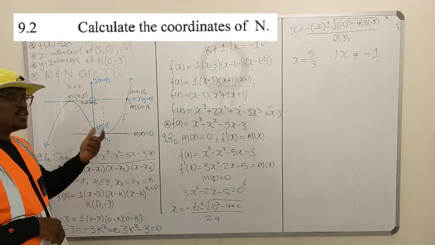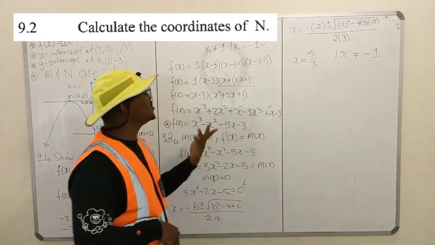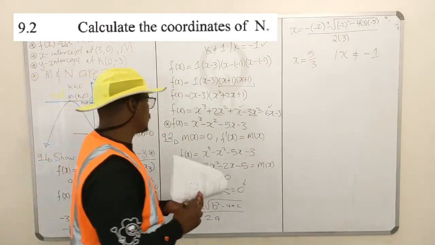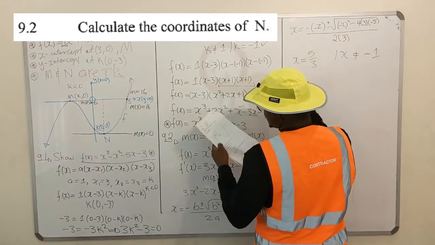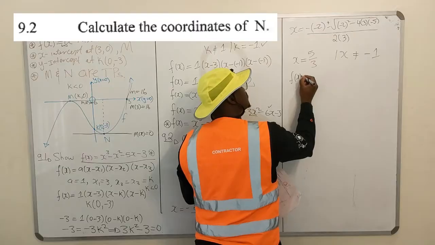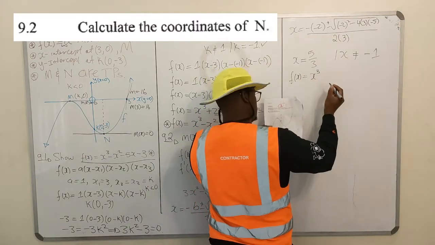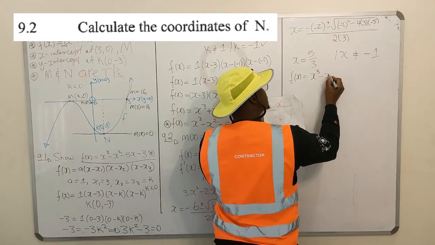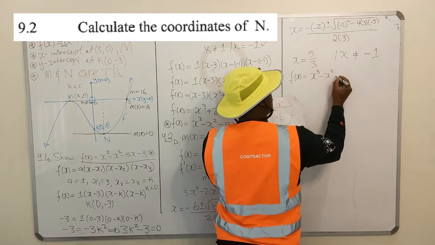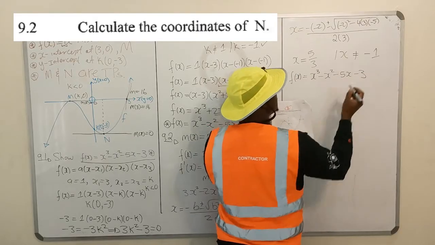What we need now, we need the y coordinate. To find the corresponding y value, if you have an x value, substitute in the original equation. What was the original equation? The original equation was f of x is equal to x cubed minus x squared minus 5x minus 3, right?